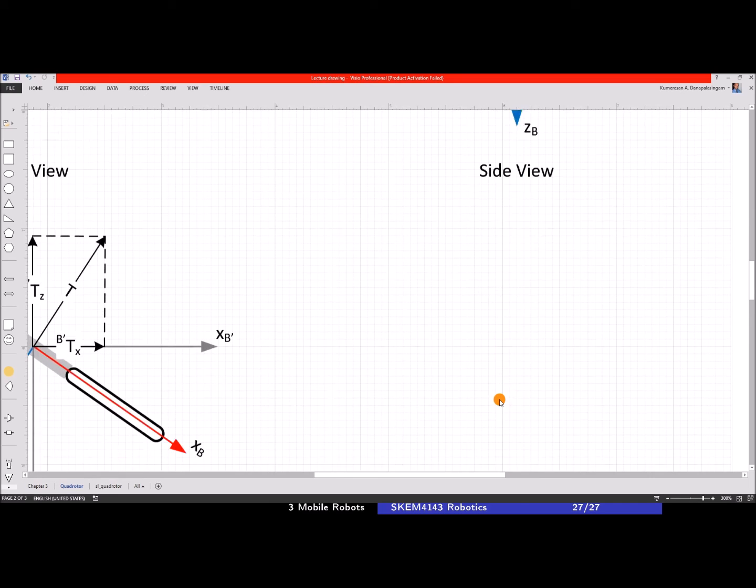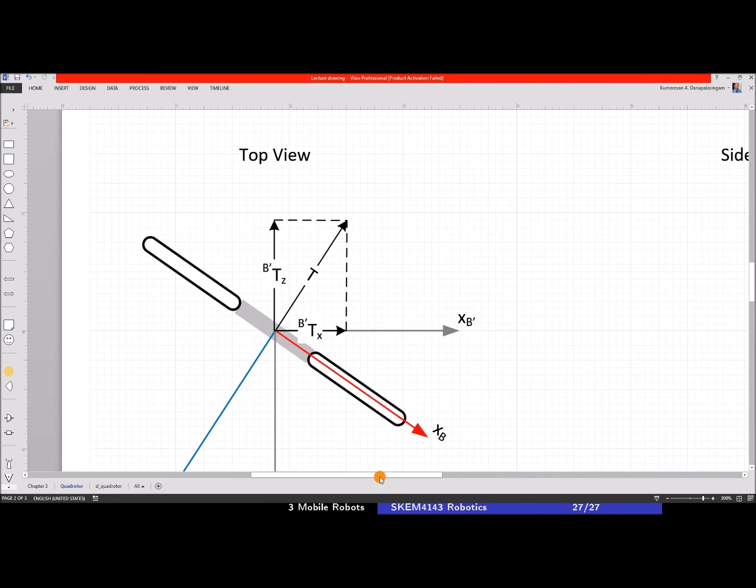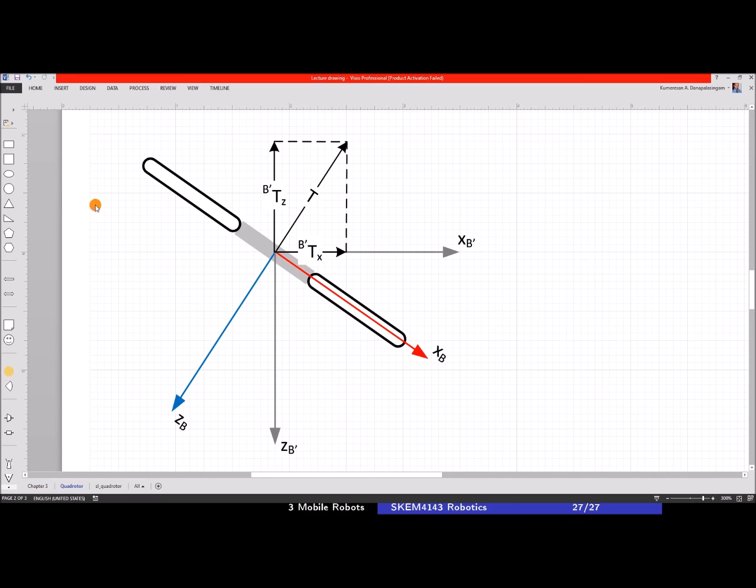It has to be tilted. Why? Because if it is tilted, thrust remains pointing in this direction, but now we can break thrust into its x and z components. So this becomes thrust x b prime, and this is tz b prime. And because we have an x component, now the quadrotor can move this way, you see.